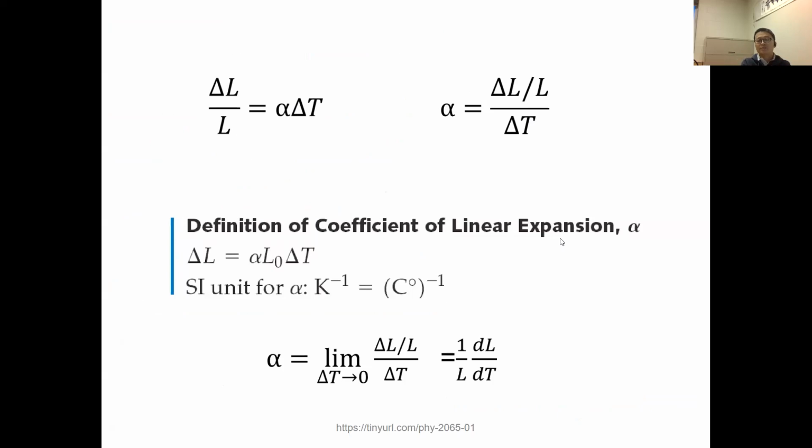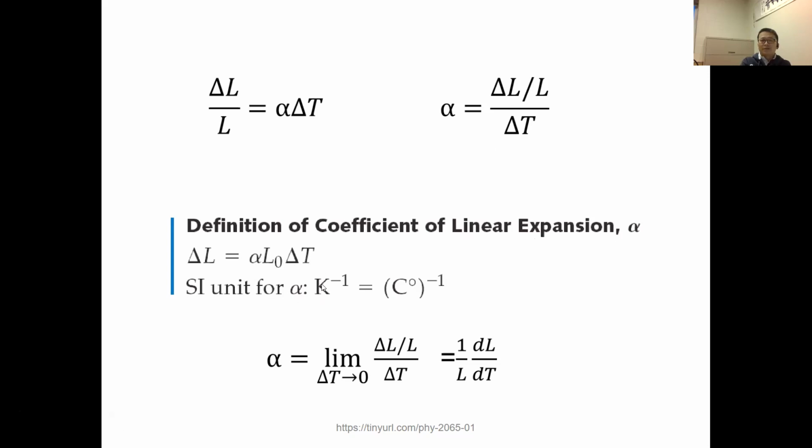A material expands in one dimension, and it also expands in a second dimension, which we'll talk about in a few moments. But linear expansion alpha is proportional to the expansion length divided by original length, divided by the temperature change.